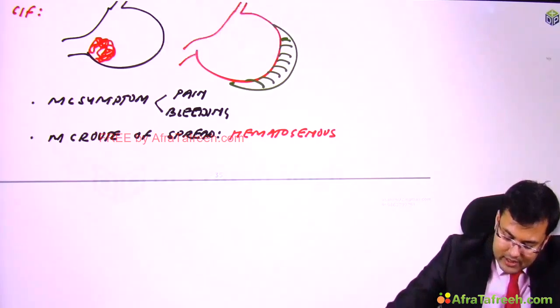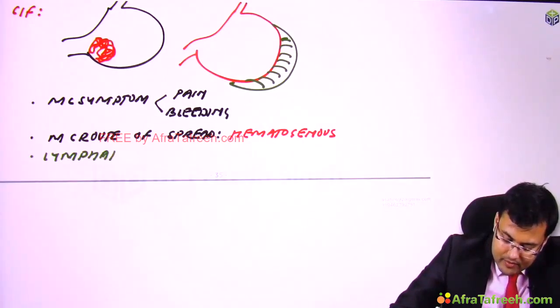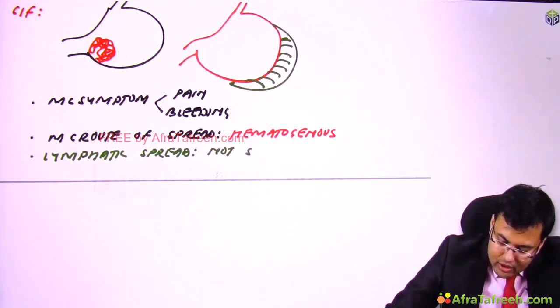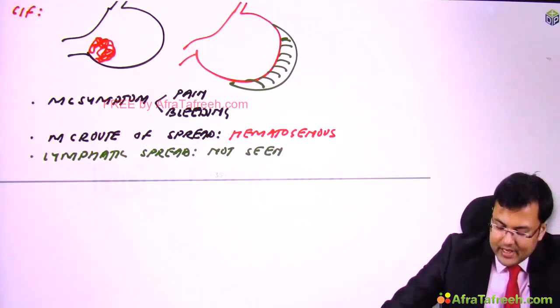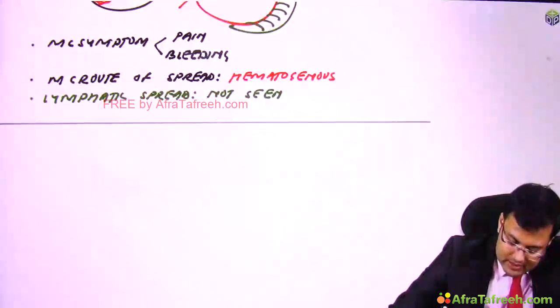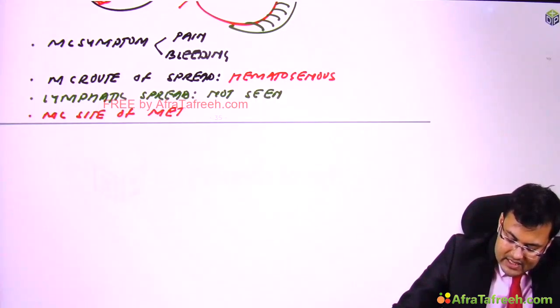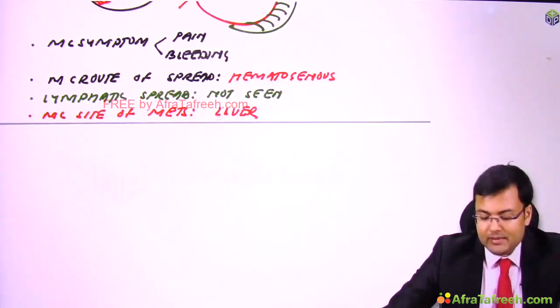Next, very important point, lymphatic spread is not seen. What's the most common site of metastasis? The most common site of metastasis is the liver because of hematogenous spread.